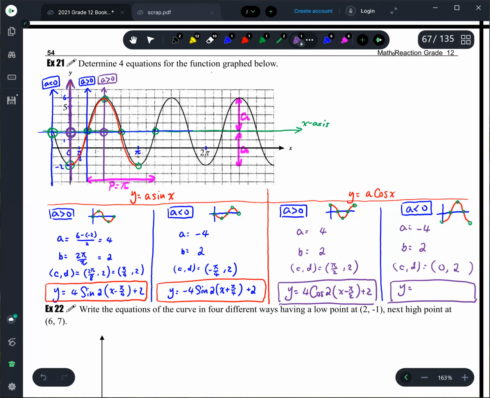Okay. So if C is 0, you don't need to write x minus 0, right? So y equals -4 cosine, and then B is 2. X minus 0 is just x. So you write 2x. So you put the bracket like this way. Okay, and then plus 2. So you don't need to write x minus 0.